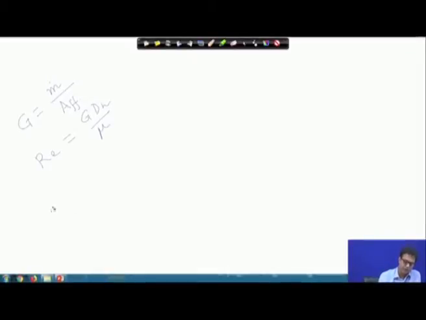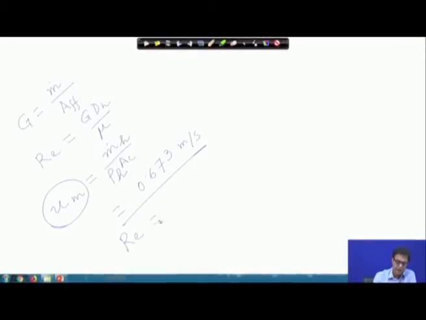Or we can find the velocity by m dot by rho Ac. Here, for the hot fluid, it will be rho h Ac, and you can find it to be say 0.673 meter per second.